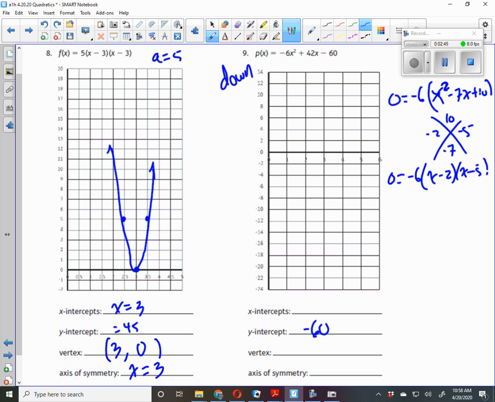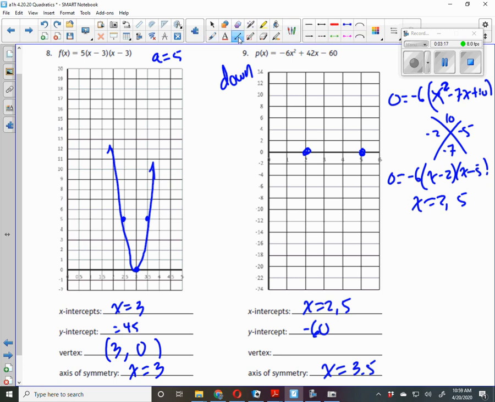Give me intercepts at x equals 2 and 5. Right? 2 and 5. Right in between is my axis of symmetry at x equals 3.5, right? 2 plus 5 is 7 divided by 2 is 3.5.